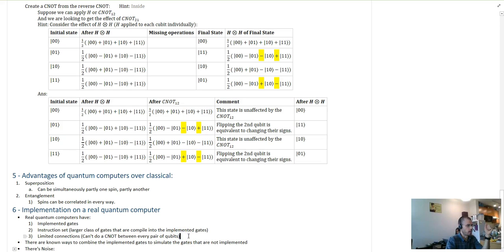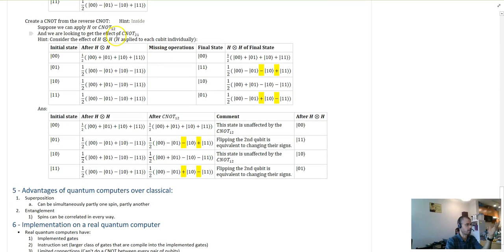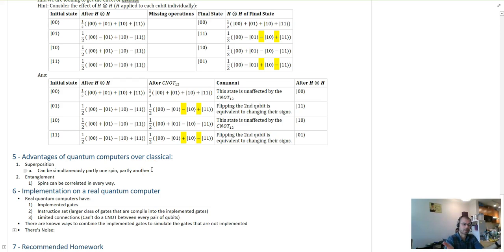In particular, the 2 qubit gates tend to be limited because not all of the qubits are connected. And there are known ways, like we just went over one: if we have a C0, 1, 2, we can use that to implement a C0, 2, 1, right? So there are known ways to combine the gates we have to get the gates that we want.